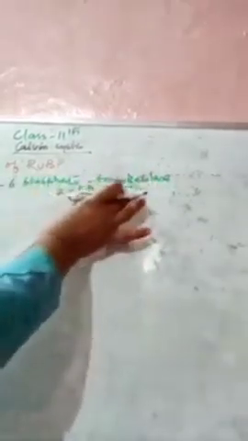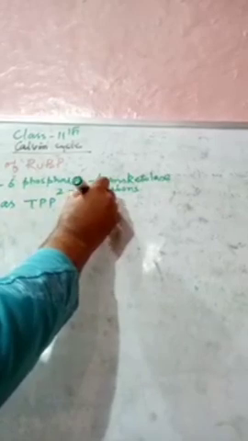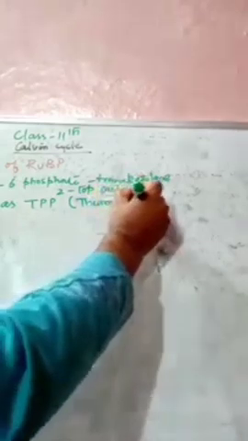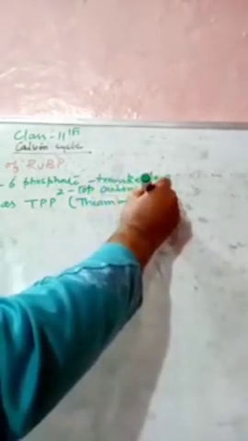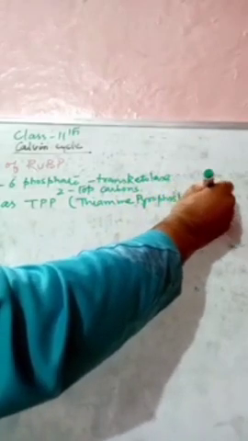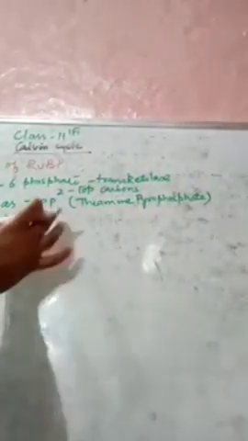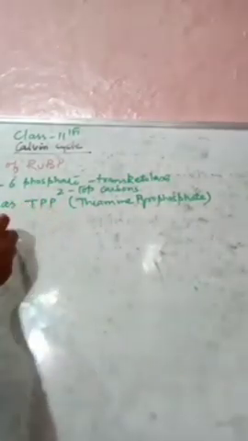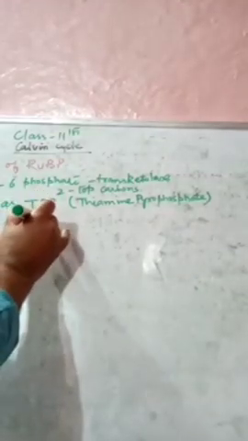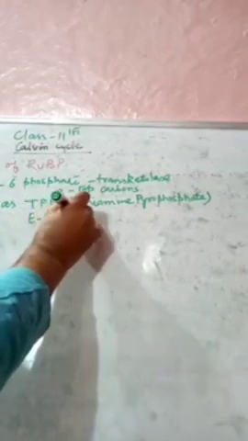These two top carbons are removed as TPP, what we call thiamine pyrophosphate, and the second one that is formed there is E4P. And what is this E4P?